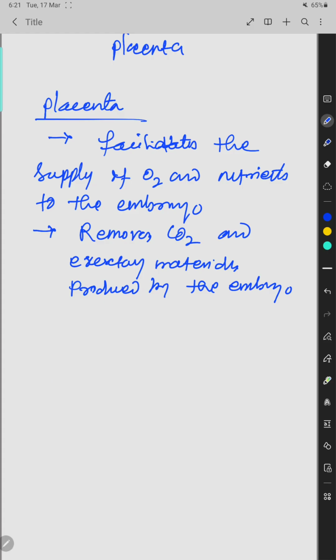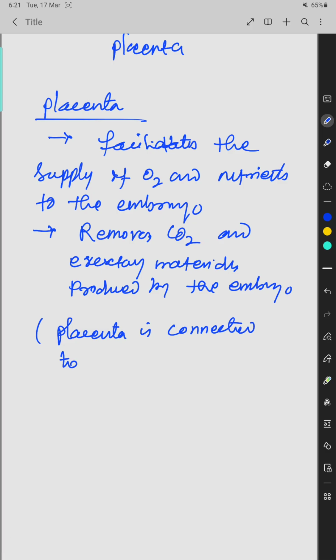Okay, and how is this placenta connected to the mother's body? This is very, very important. The placenta is formed by the interdigitation of trophoblast and the endometrial tissue.